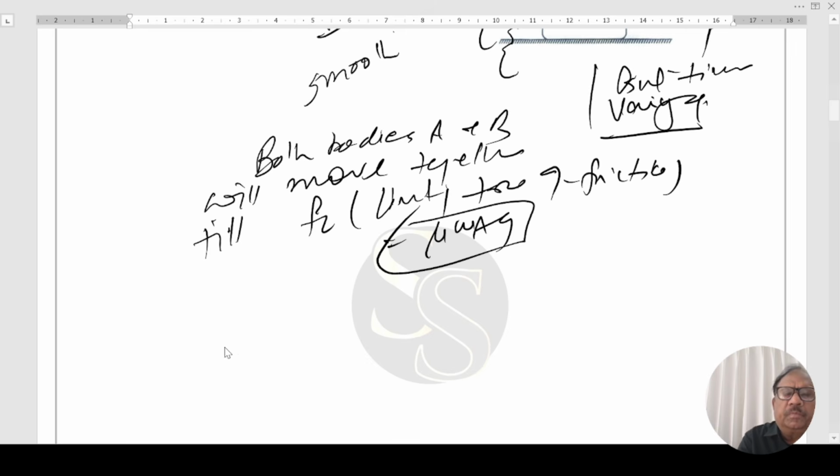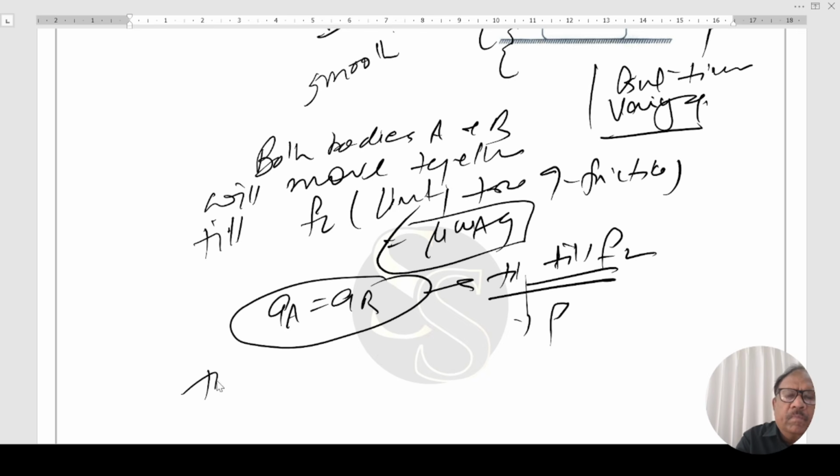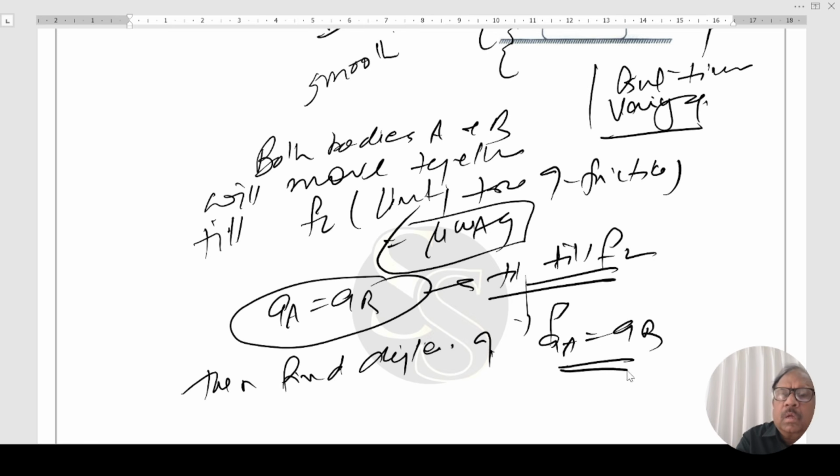After that, A will slide till FL, then find the duration of A equal to AB.